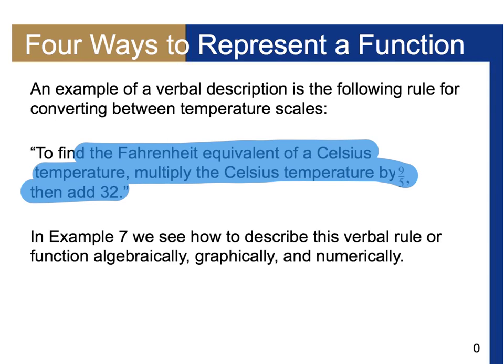Algebraically, we could say F equals 9/5 times C plus 32. We're taking C times 9/5, and then adding 32 to get our F. This is our input or independent variable, and this is our output or dependent variable.